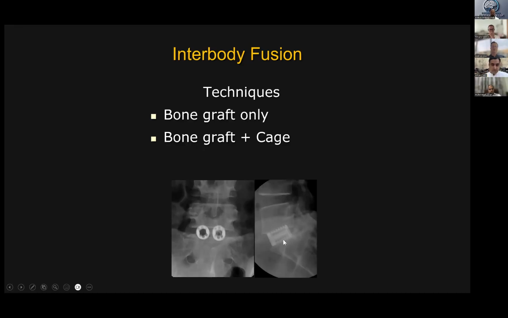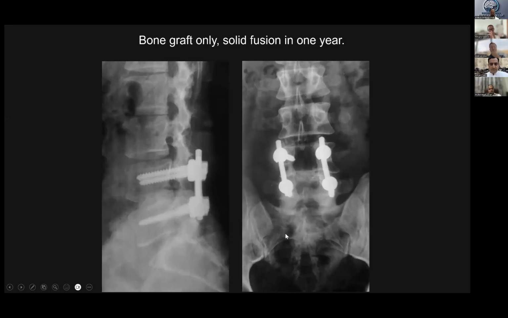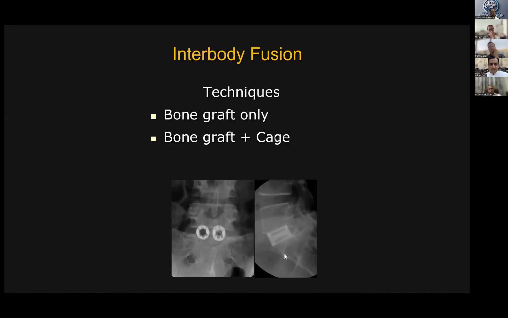In the past, we used to do BAK cages, so-called threaded cages, cylindrical shape. We were placing them even standalone. Then we have seen some instrument failures, then we left it by the time.